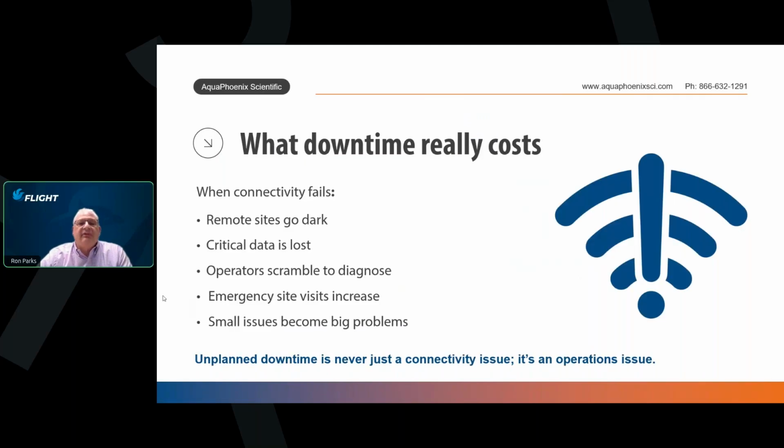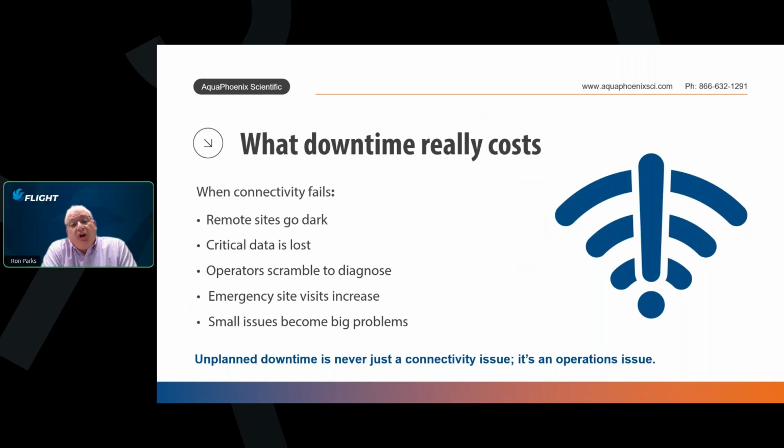So what does downtime really cost? When connections fail, right, remote sites go dark, critical data is lost. You may have a controller that goes down and the logging of the data is not occurring. Operators are forced into reactive troubleshooting. So now you're scrambling around, maybe rolling trucks, going out to sites, emergency site visits spike.